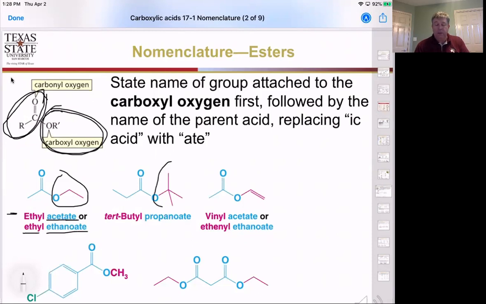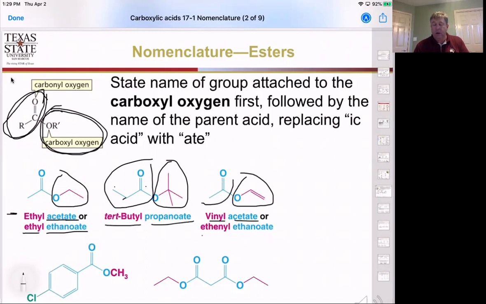This right here would be t-butyl alcohol, and this would be propionate. So we have t-butyl propionate, and this right here would be vinyl alcohol or vinyl acetate, since this would be the acetate side, or ethenyl ethanoate.